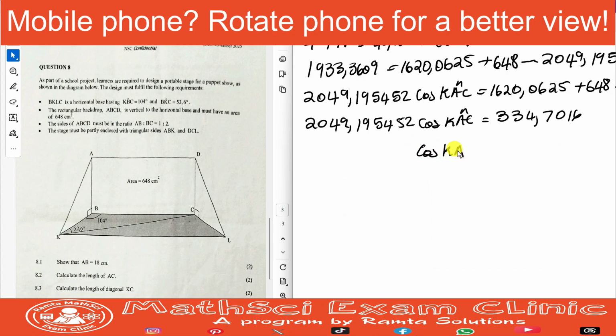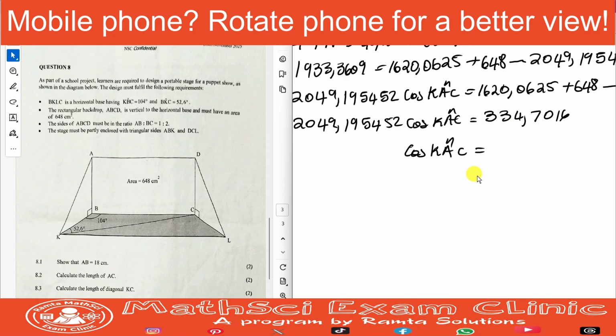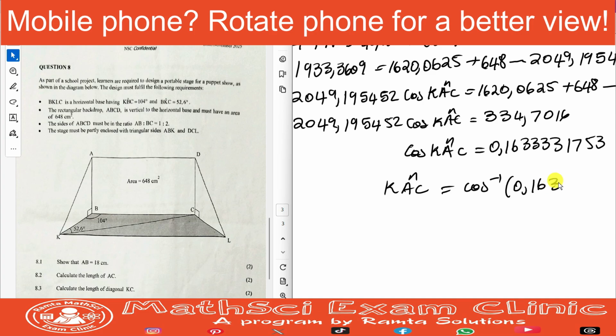Cos KAC equals 334,7016 divided by 1954.52. This is equal to 0.1633331753. Then angle KAC is equal to cos inverse of 0.1633.